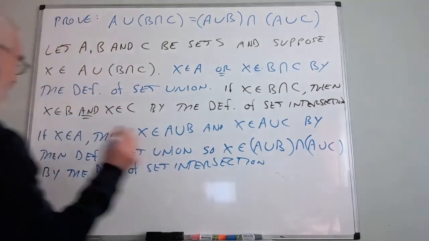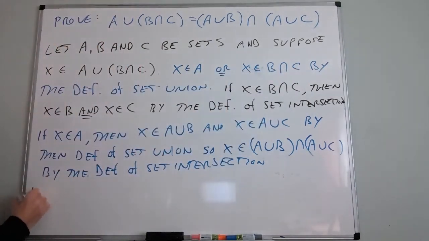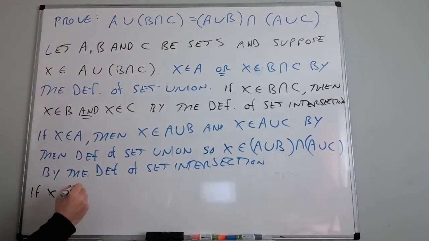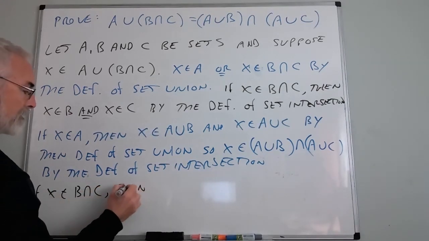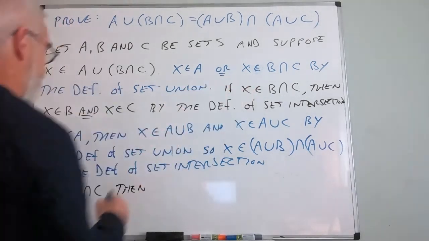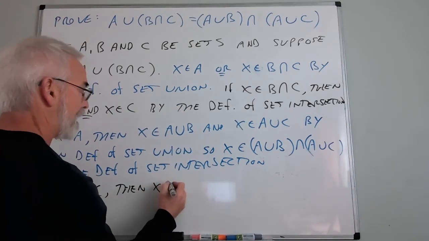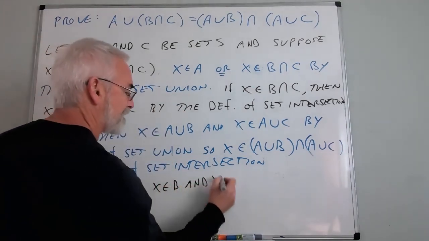So the second part of this, now I'll say if X is in here, if X is in B intersect C, we already said if X is in it, then X is in B and X is in C. I could have waited to put that in.